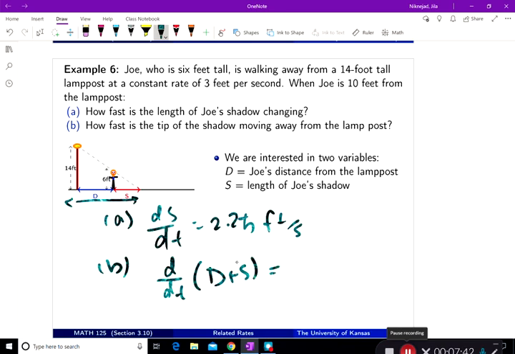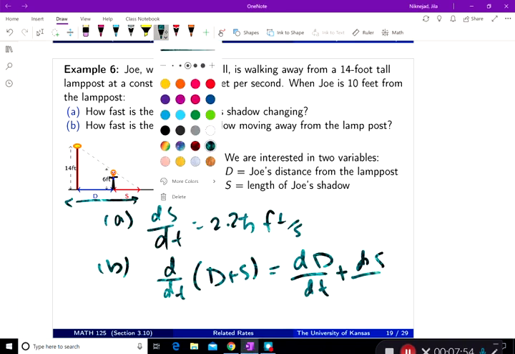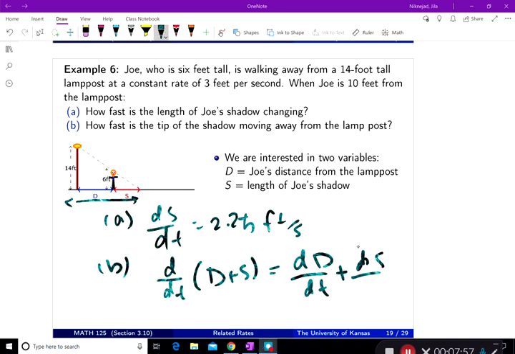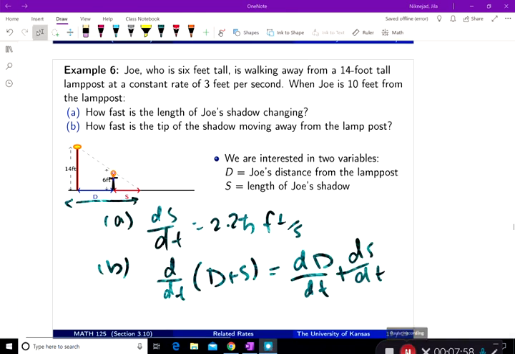According to the laws of the derivative, this is equal to dd/dt plus ds/dt, and if I figured out one of them, which is 2.25.